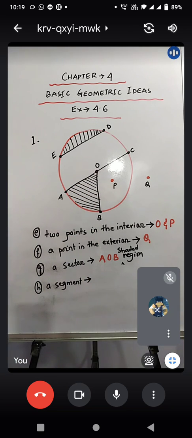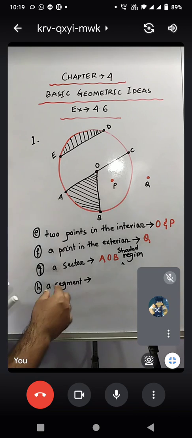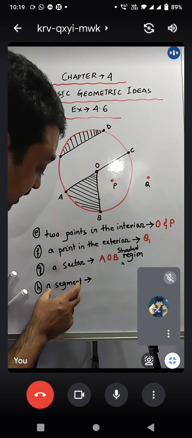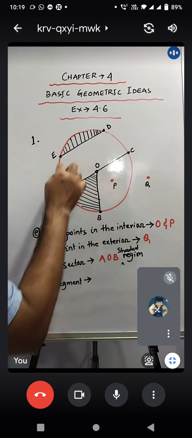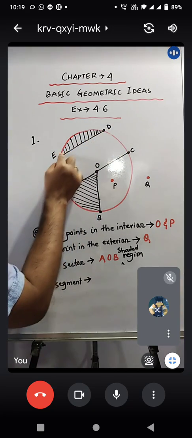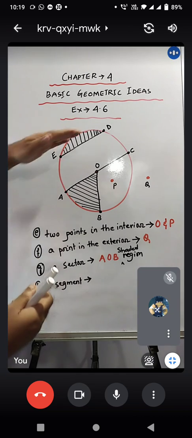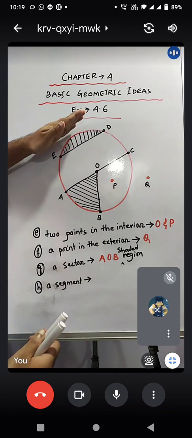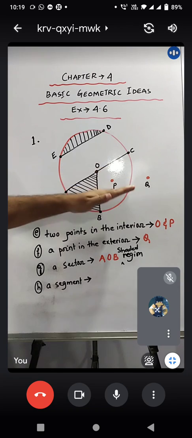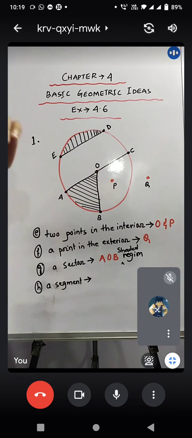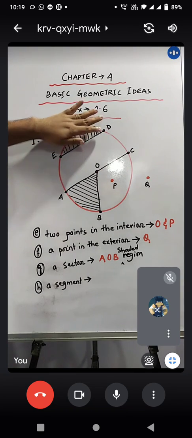Now the last part that we have to answer is a segment. A segment is made up of a chord. See, we have drawn one chord here. The section which is shaded, the lower part, is called a segment. This part is also called a segment, I will explain later, but now we'll consider only the shaded part.